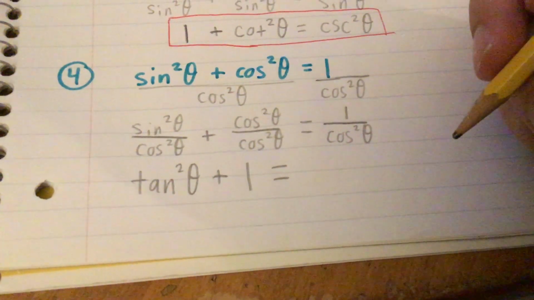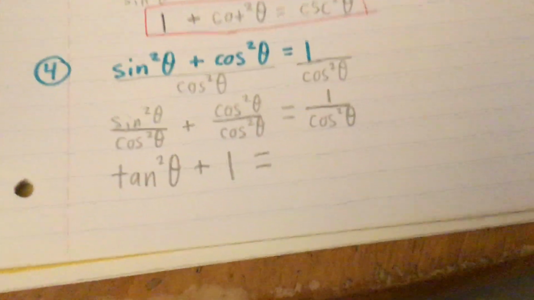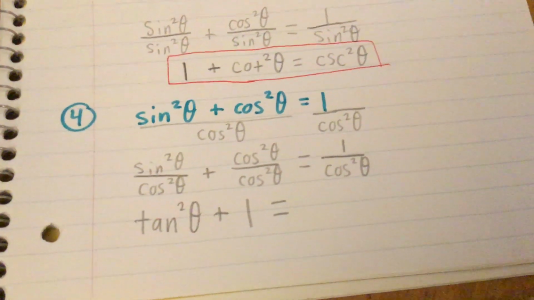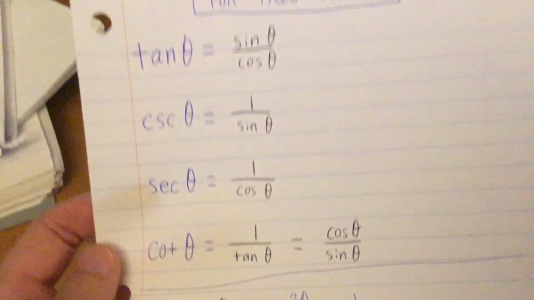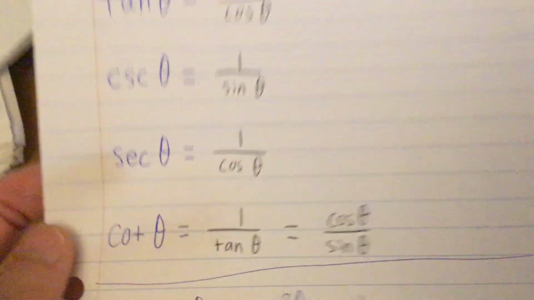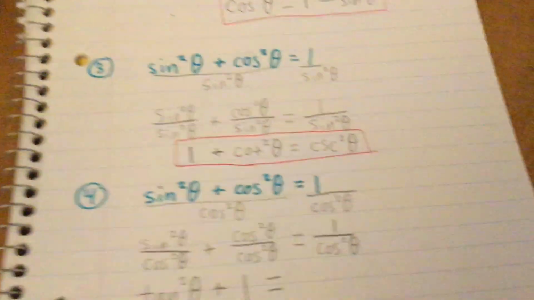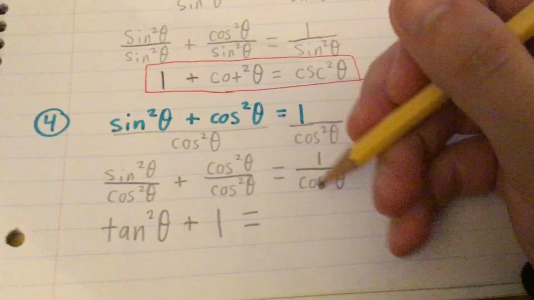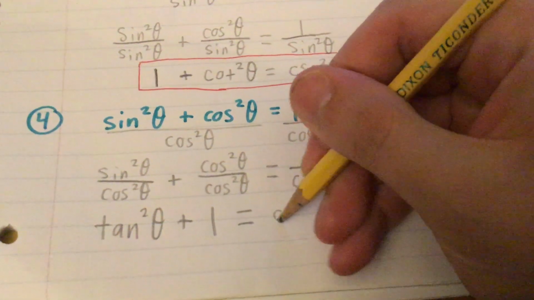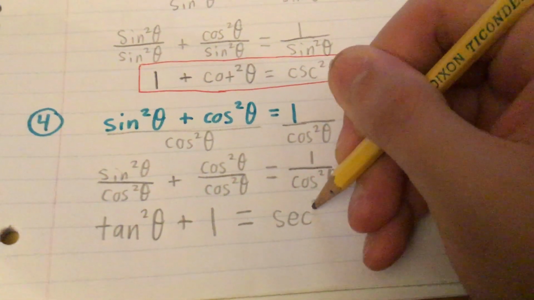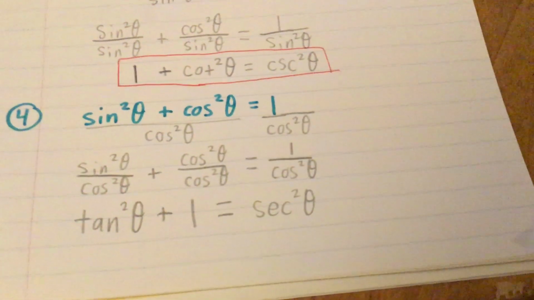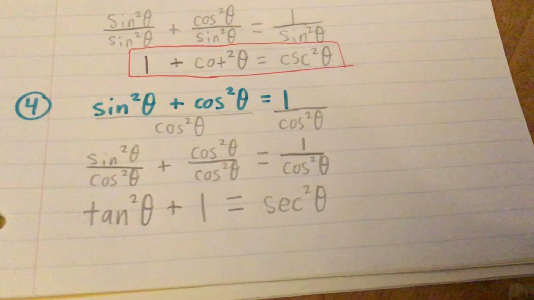And 1 over cosine squared, I don't know what that is, but you know what I do have is a 1 over cosine of theta rule. Yes. 1 over cosine of theta is equal to secant of theta. So therefore, 1 over cosine squared is secant squared of theta. And that's going to be another rule in my toolbox.